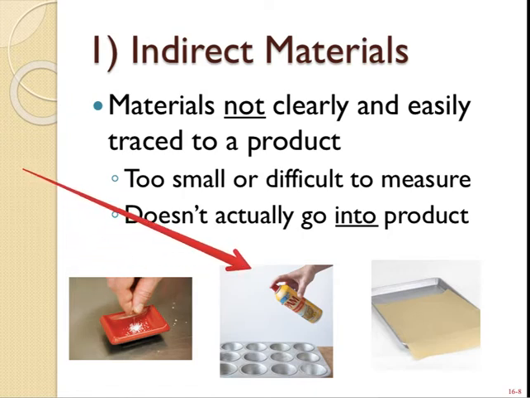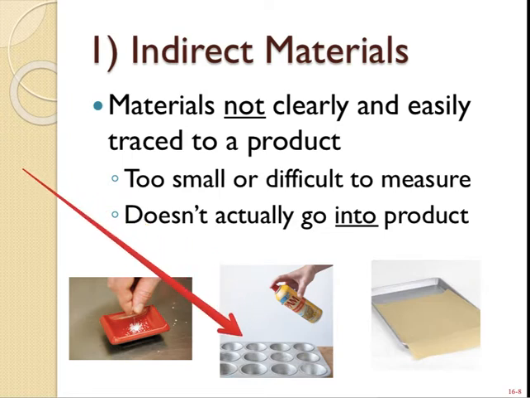Okay, another example of that would be like cooking grease. Like if they asked you to grease a pan with cooking spray, how do you measure how much cooking spray comes out of the thing to spray your pan? I don't even know if you can measure that. If you did, the cost of measuring how much spray you're using is more than it's even worth.